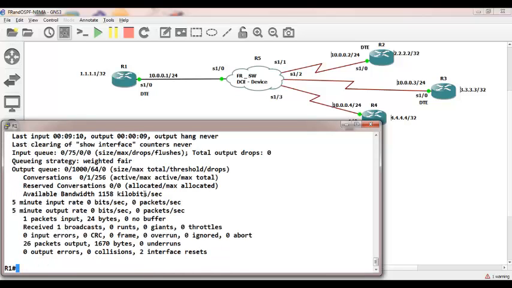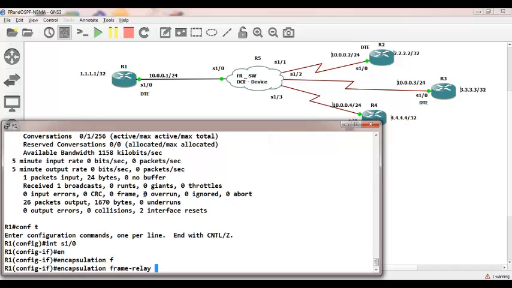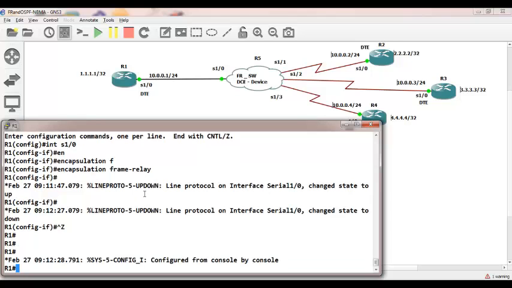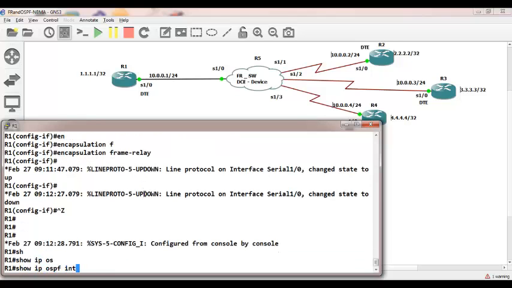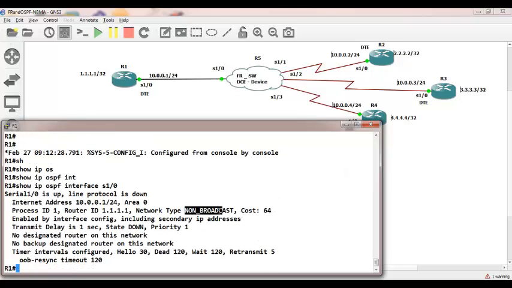Now I'm going to change the encapsulation type to frame relay. Encapsulation frame relay. Boom. After I do that, I'm going to show you. So the encapsulation is frame relay. Now, if I take you back to the command, show ip ospf interface serial 1/0, you can see that when the encapsulation type is frame relay, your network is non-broadcast.